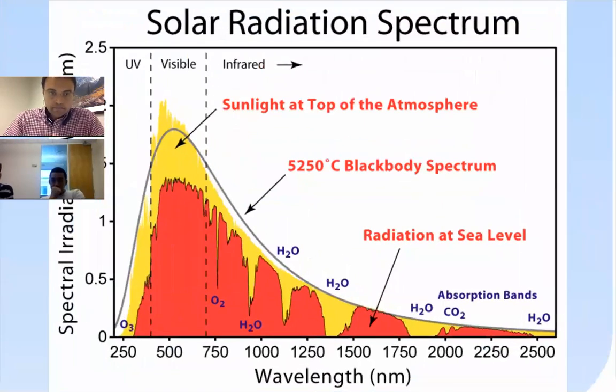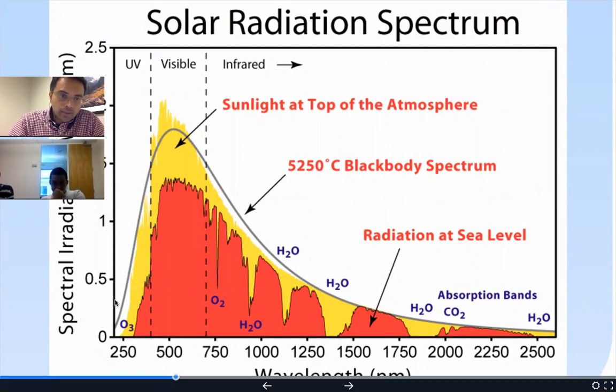Okay. So here's the detailed solar radiation spectrum, where the x-axis is the wavelength, and the y-axis is the spectral irradiance. Just like before, it's in watts per meter squared per nanometer of wavelength.